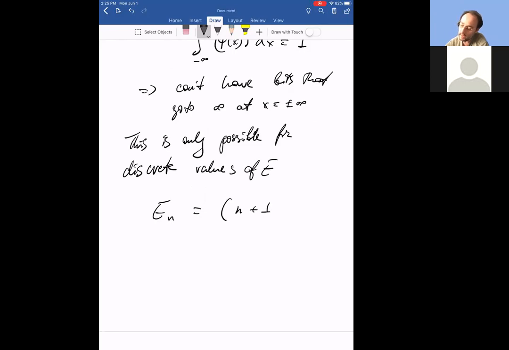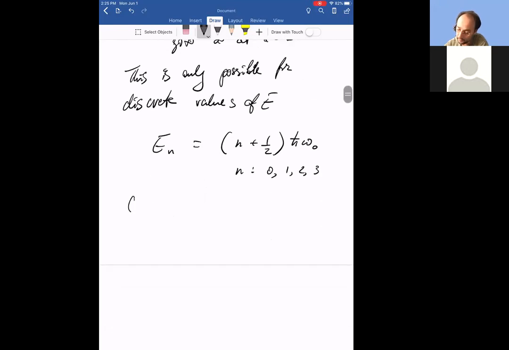E sub n equals n plus 1/2 h bar times omega naught. Now, n here is allowed to be 0, 1, 2, 3. So E sub 0, the ground state energy, equals 1/2 h bar omega naught.